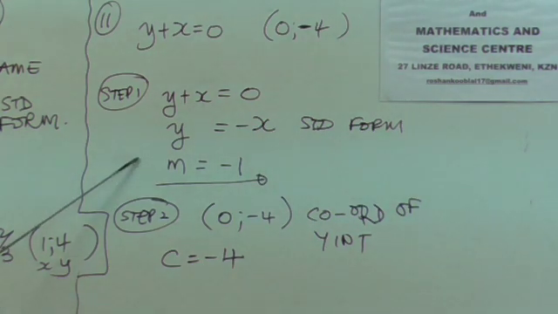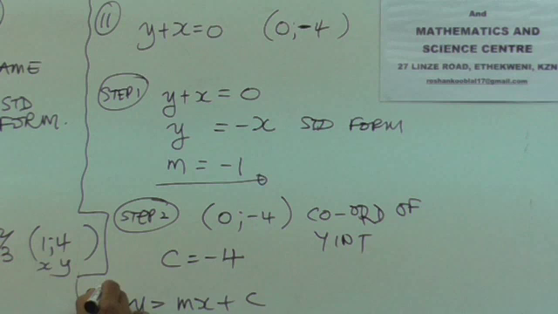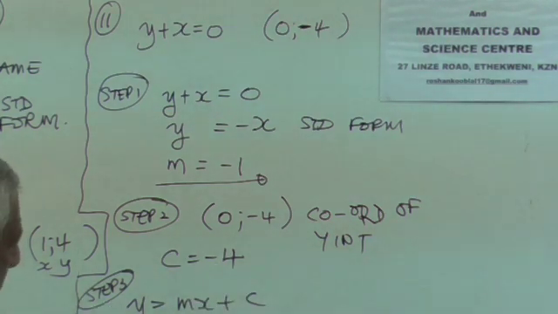So it was very simple. That's your m, that's your c. And therefore, your equation will be y is equal to mx plus c. This is step 3. You just substitute m, which happens to be -1, x, plus c, which is -4.